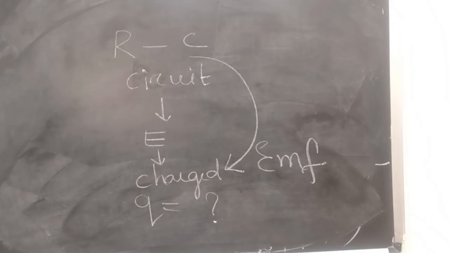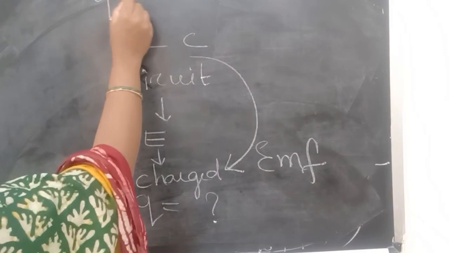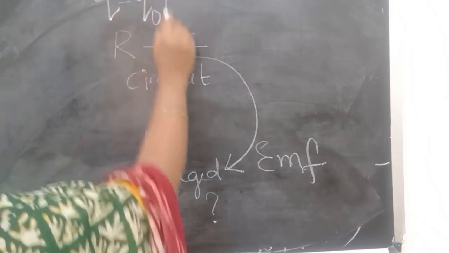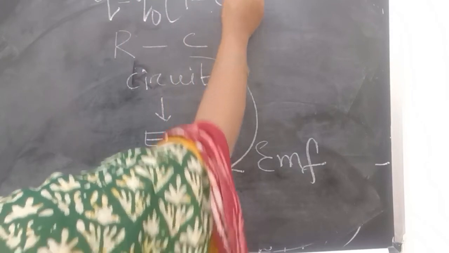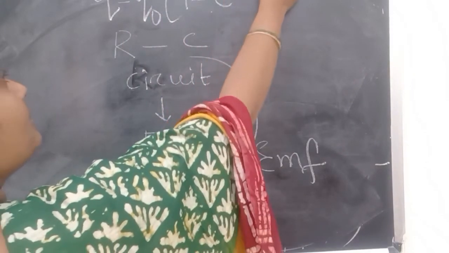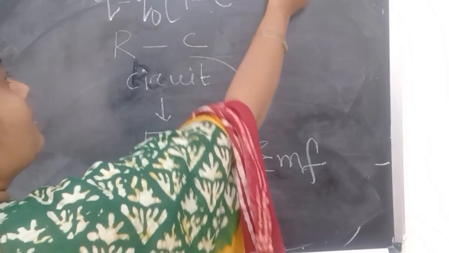Okay? So in this process, the expression we have got is Q is equal to Q naught into 1 minus exponential, I am writing it as e power minus T by CR.